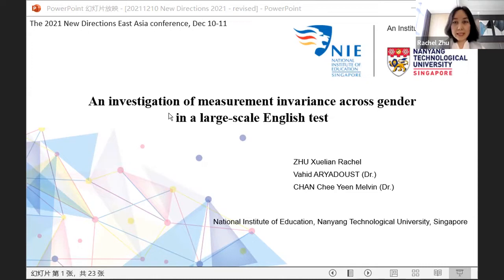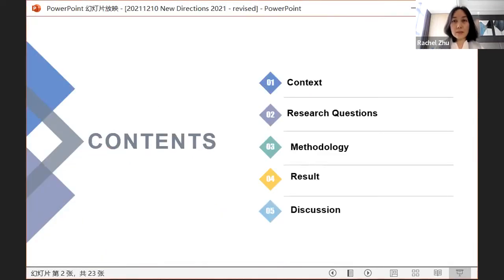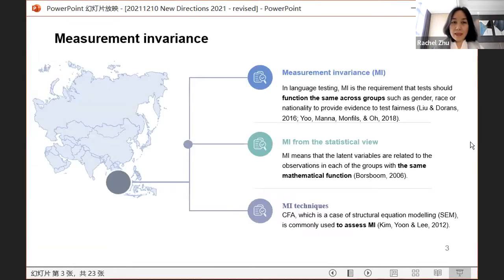Our presentation today starts with introducing the context of the study and proceeds to propose our research questions. Then we will introduce our methodology, report the results of the analysis, and conduct a discussion based on the results. This is the context, starting from measurement invariance.